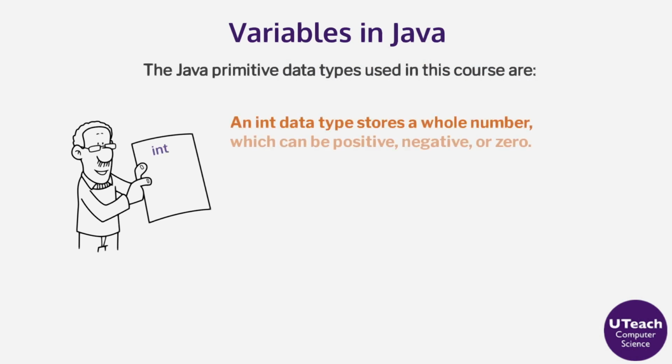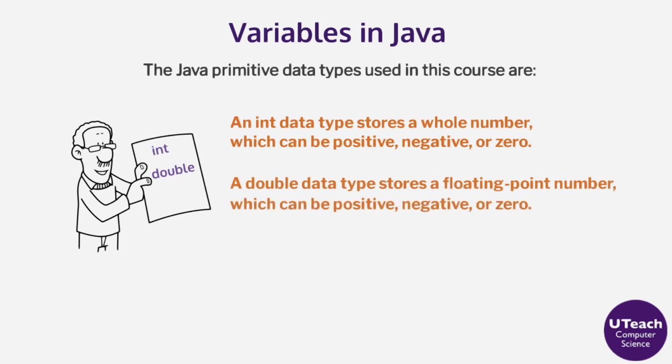An int data type stores a whole number, which can be positive, negative, or 0. Double. A double data type stores a floating point number, which can be positive, negative, or 0. Boolean. A Boolean data type stores either true or false.